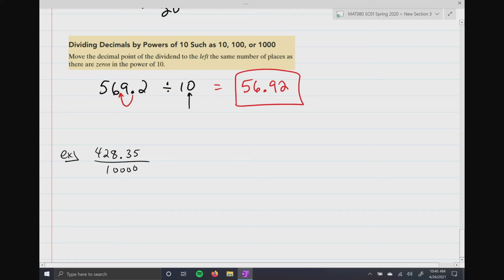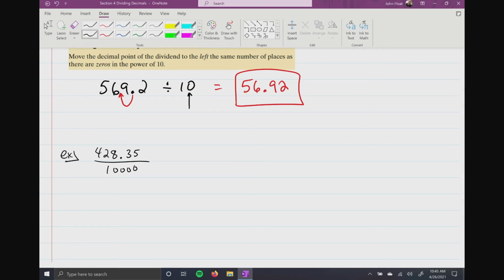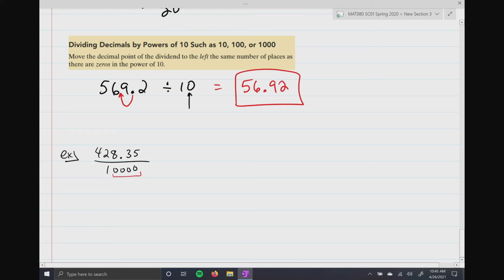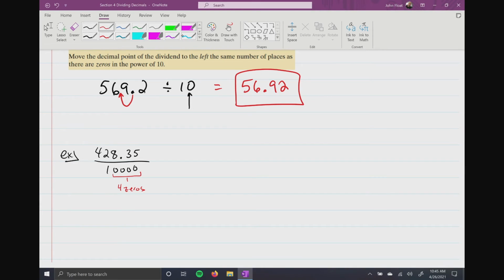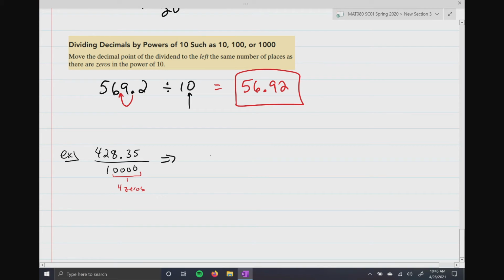So if I have 428.35 divided by 10,000, I count the number of zeros. And all I'm going to do is just rewrite the number. And I'm going to move my decimal to the left the same number of places as zeros.